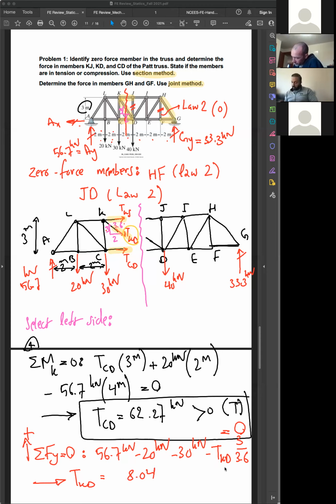But let me see if it is positive or negative. If you bring it to the other side, it would be positive, because this side is positive. This is TKD. All right, any questions here?